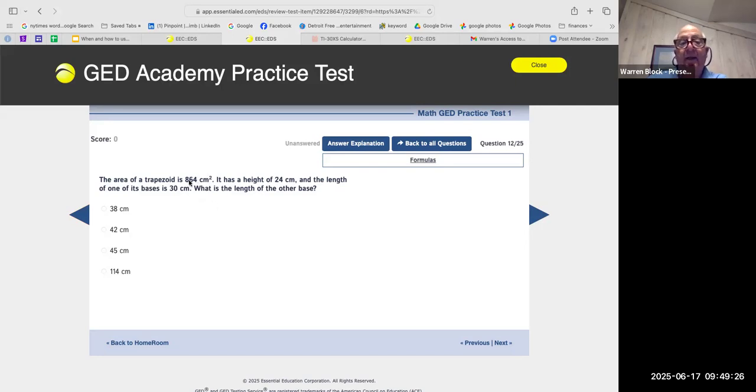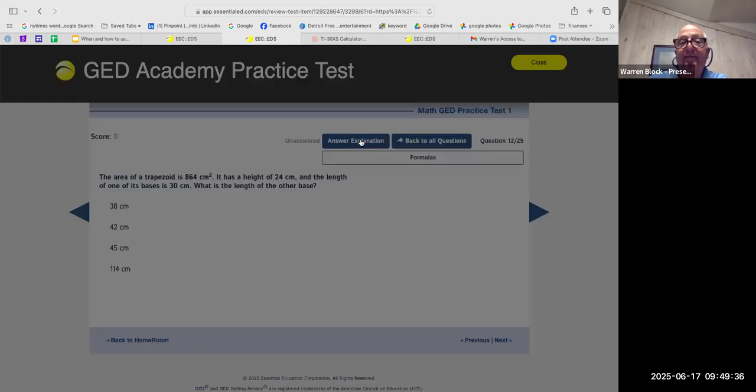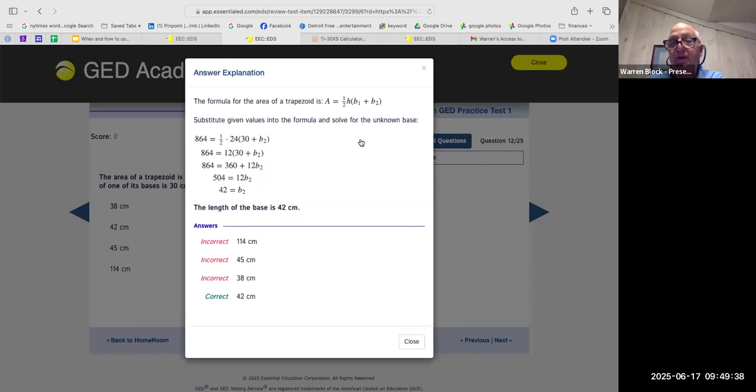So we're going to divide 12 into 864 and then subtract 30. And I'm fortunate enough to have these explanations because I took the test a couple days ago, and it let me review all my answers and explain the answers and see what was there.